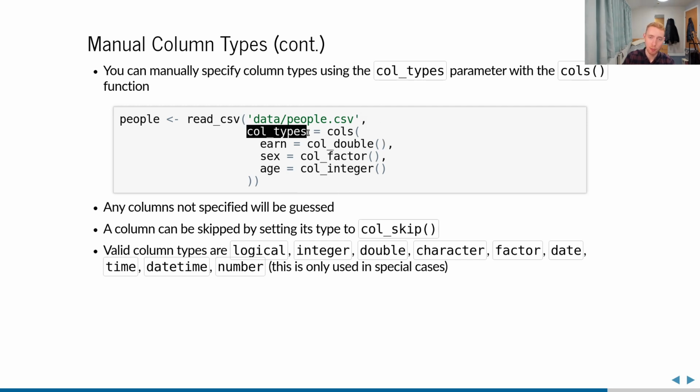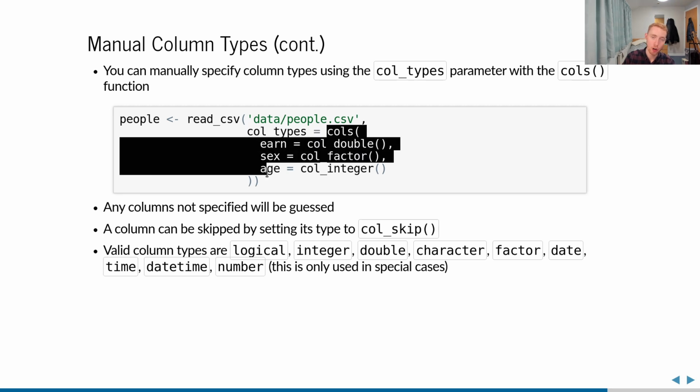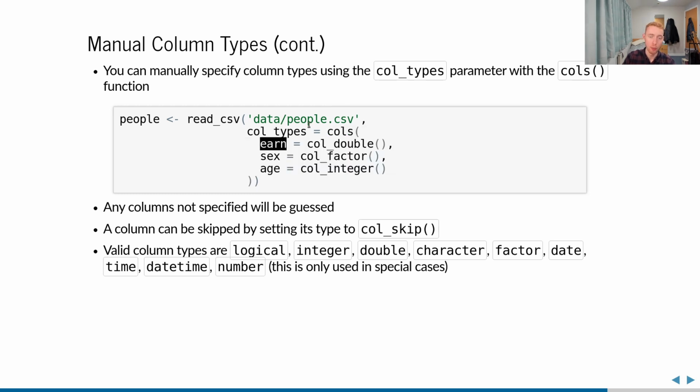We have the col_types parameter, and set that equal to the cols function. Inside of that, we map column types to variables. So the column earn should have a type of double, which is kind of decimal data. The sex is a factor. It's categorical. There's only two levels, male and female, in this data set, and so that's a factor. And the age is an integer because we only have whole number ages in this data set.